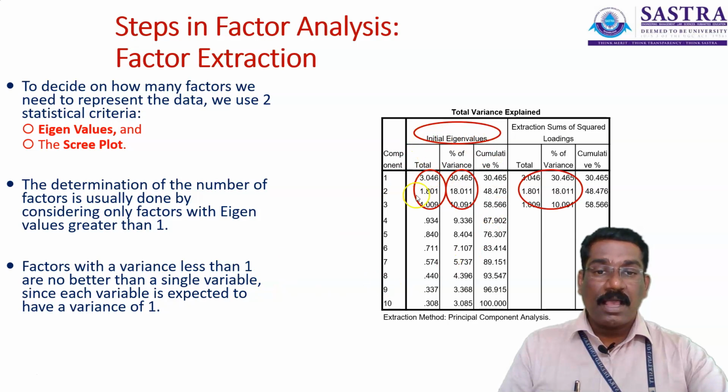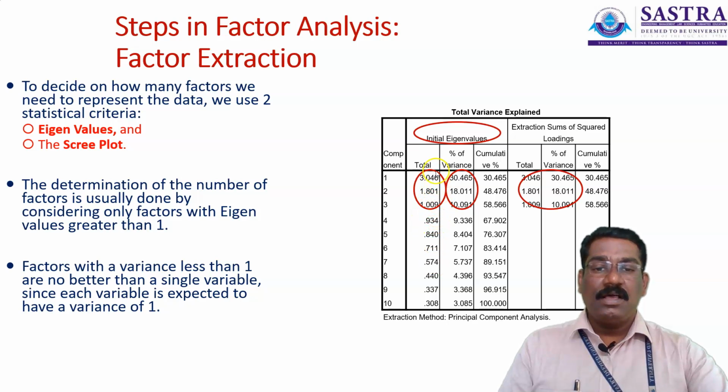And I can show you here, you can see the eigenvalues, and only 1, 2, 3 have an eigenvalue greater than 1. The other 4, 5, 6, 7, 8, 9, 10 do not have a great eigenvalue.